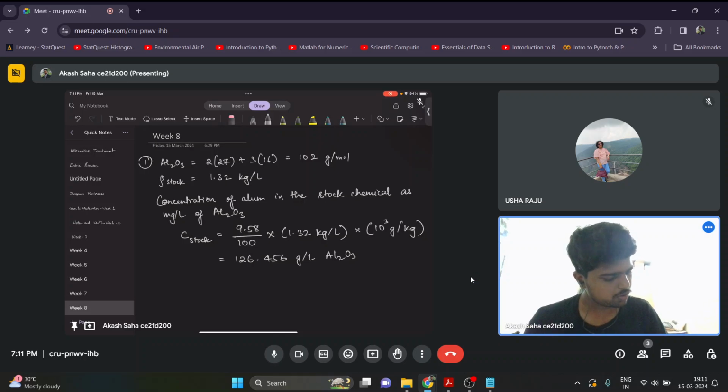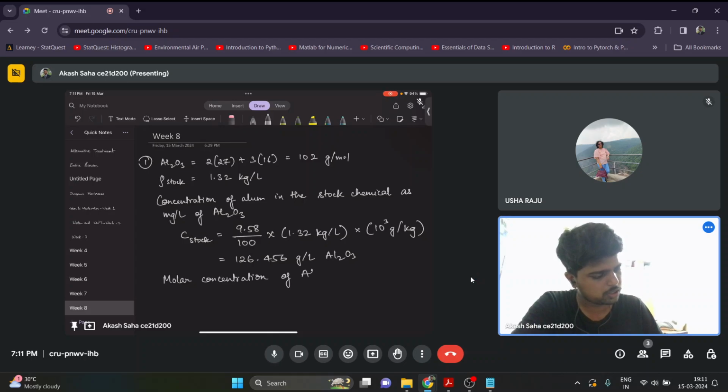So now we will find for Al3+. We have to find out the molar concentration of Al3+ in the stock alum chemical.